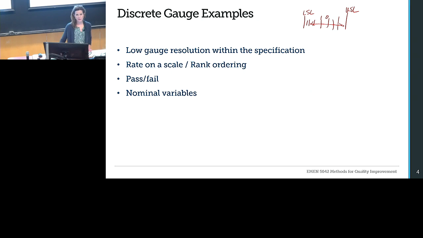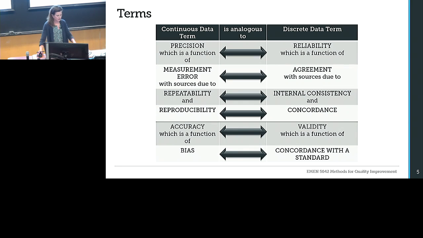That's the standard, 5 groups or less. We just go ahead and make a continuous gauge ordinal. So those are some examples of what we would consider to be a discrete gauge.